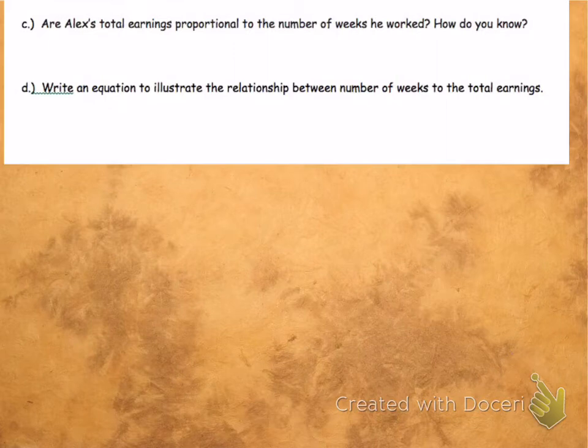So part C asks, are Alex's total earnings proportional to the number of weeks he worked? How do you know? Basically you're looking at that in a few different ways. You need to look that the rate of change remains the same. So that is that per week, or that $28 per week. So this is yes, because the rate of change remains the same.